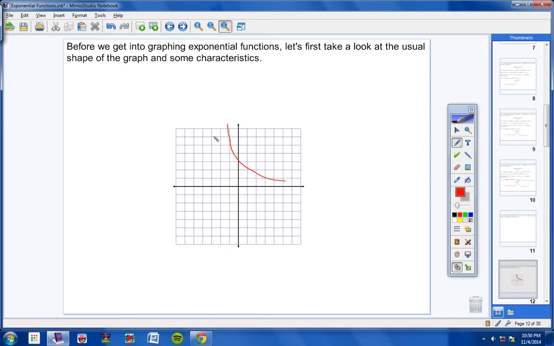They might be turned this way, or this way, or this way. But they're always going to be curved like this. Also, please make note, students, that an exponential function always has this.